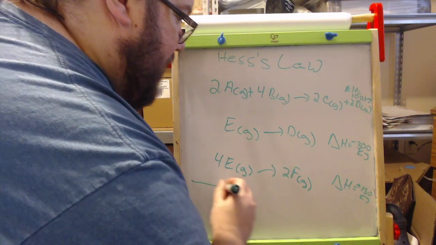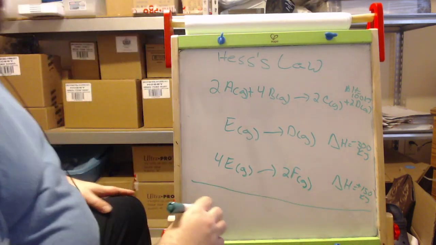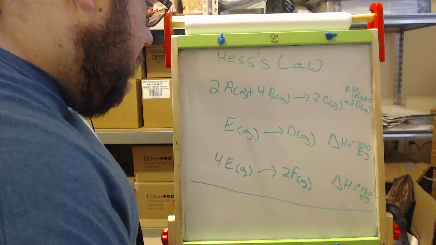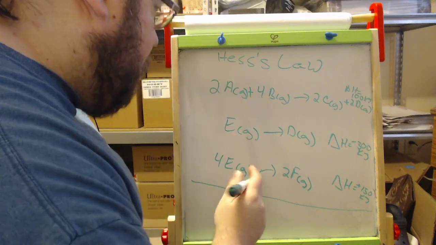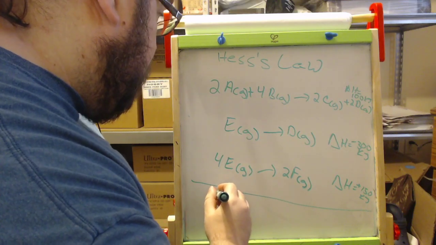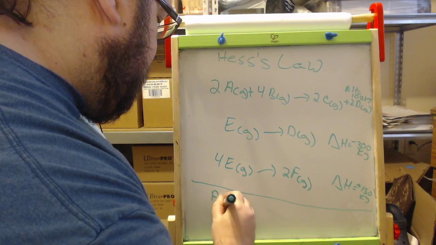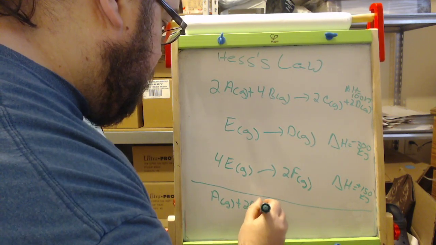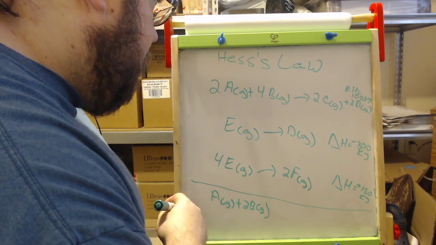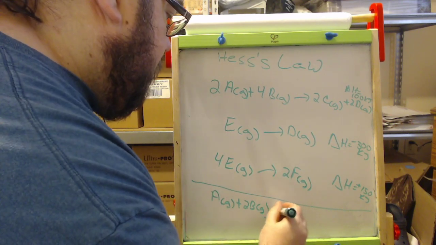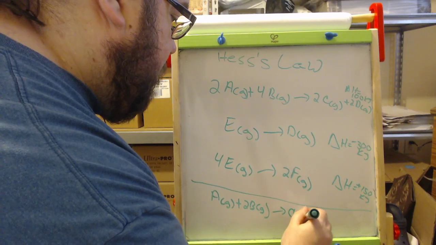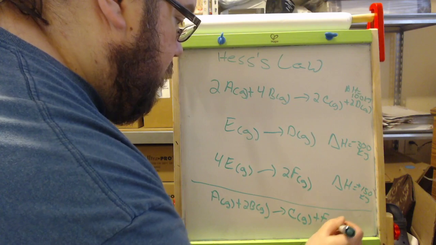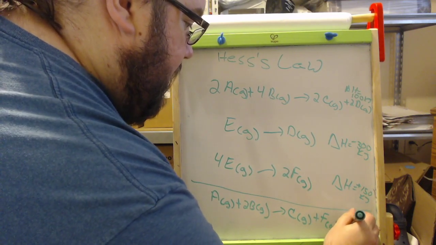Okay, and the reaction they want us to find is A gas plus 2B gas yields C gas plus F gas. And they want us to find the delta H.